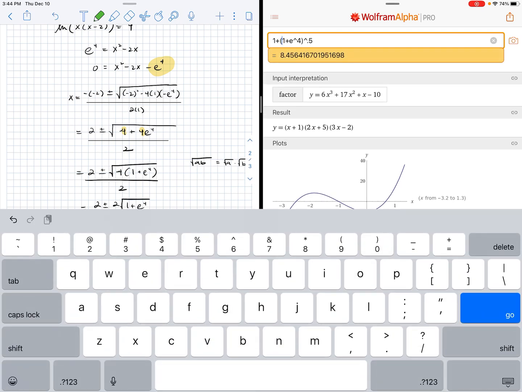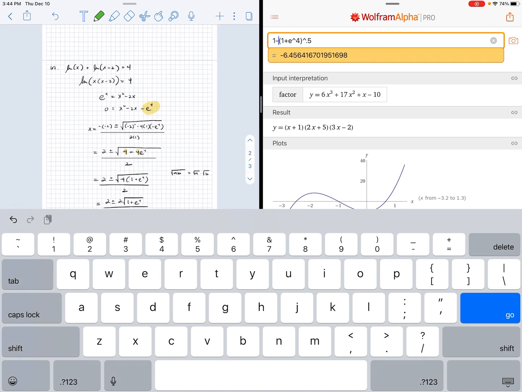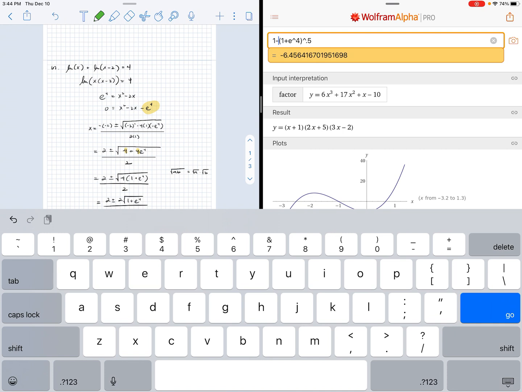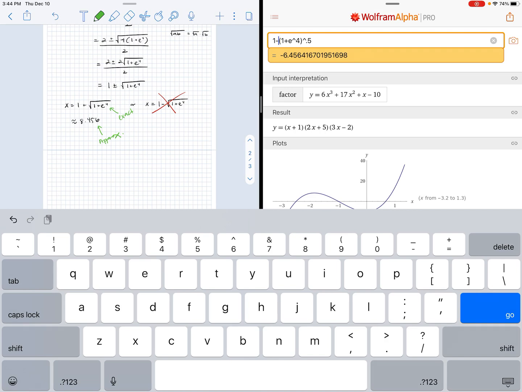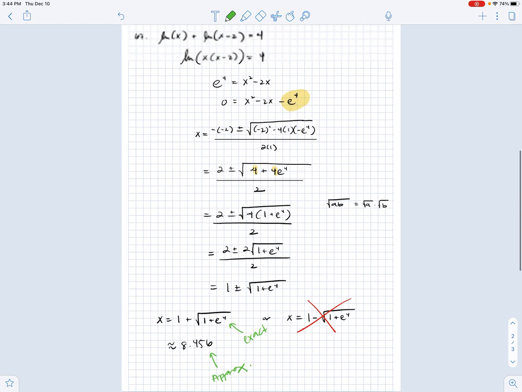Let's just confirm. If I made that minus, yep, that would be negative 6.456, and you can't take the natural log of a negative value, so that was an extraneous solution. So we cross that out.